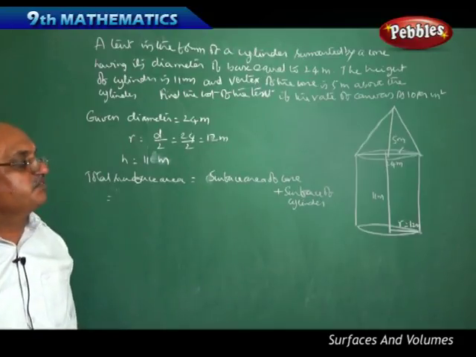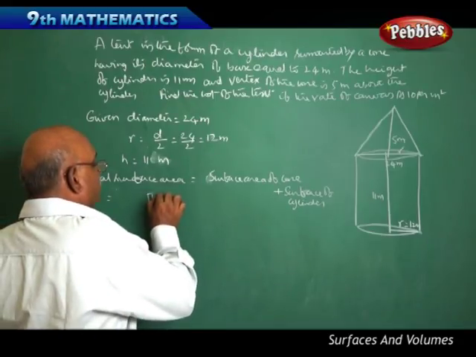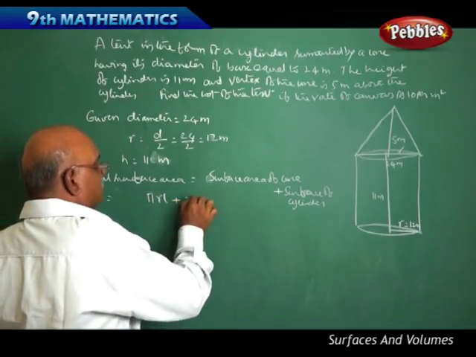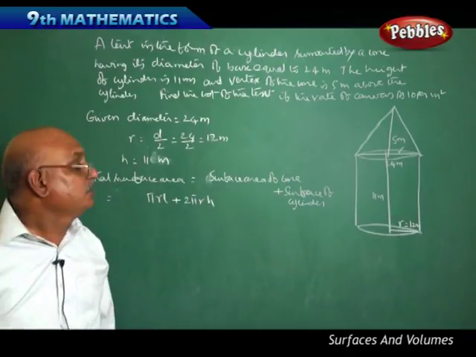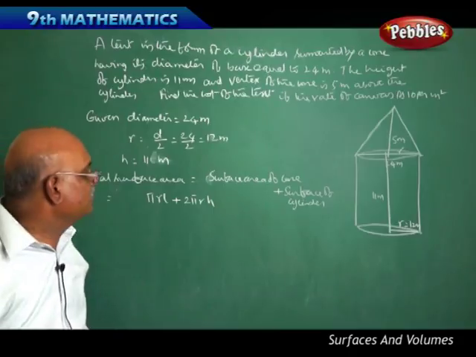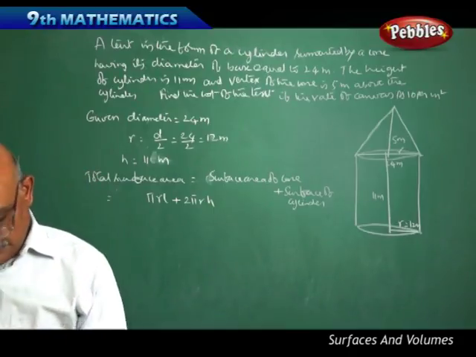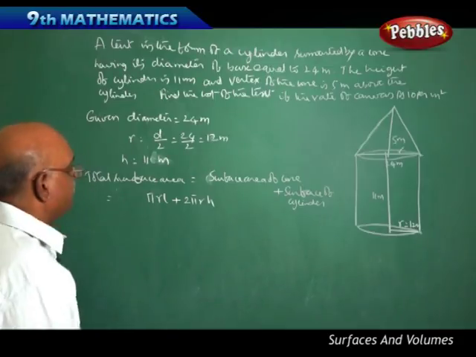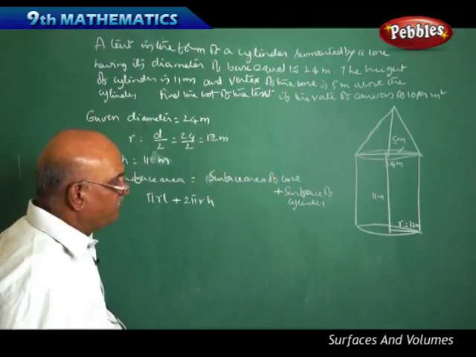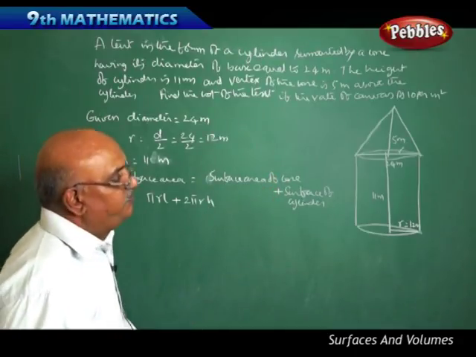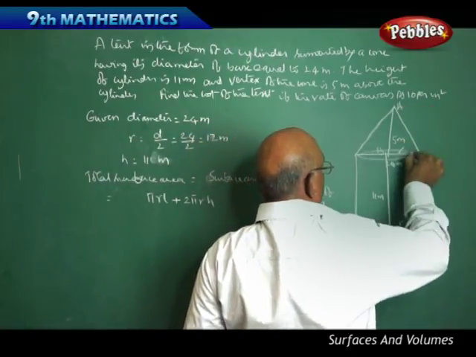What is the surface area of a cone? That is pi r L. Pi r L plus 2 pi r h, which gives you the total surface area of a cylinder. But we don't know what L is, therefore we want to find it from this. Let us call this triangle ABC.